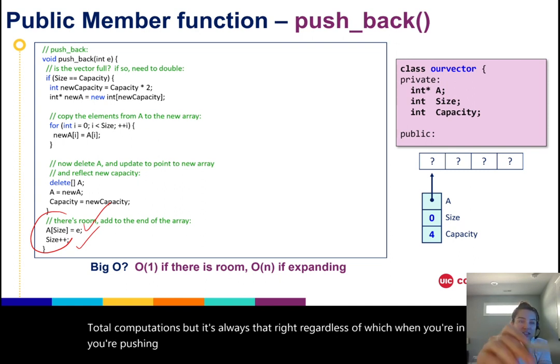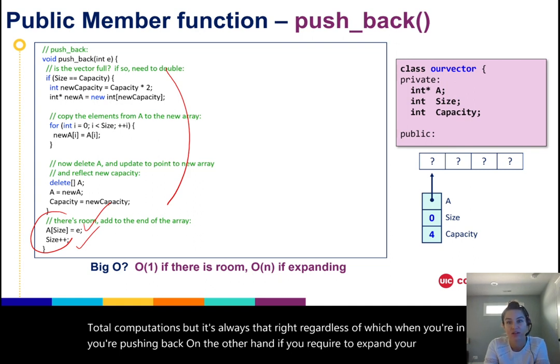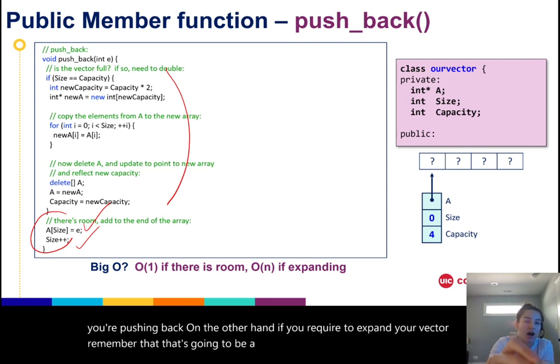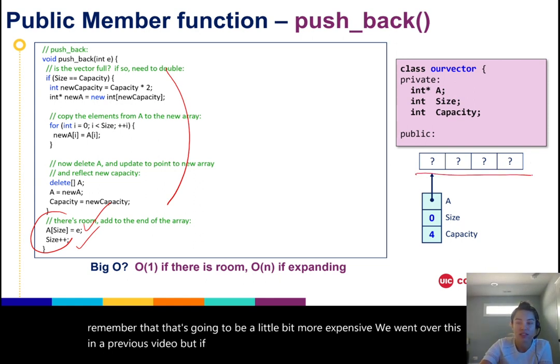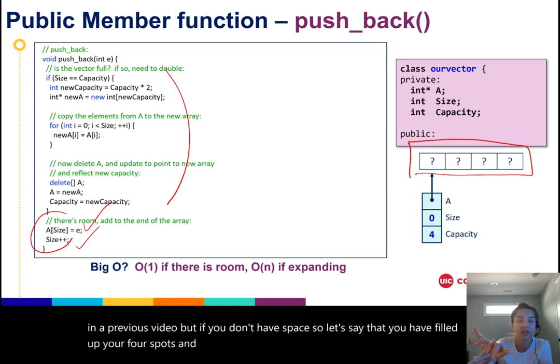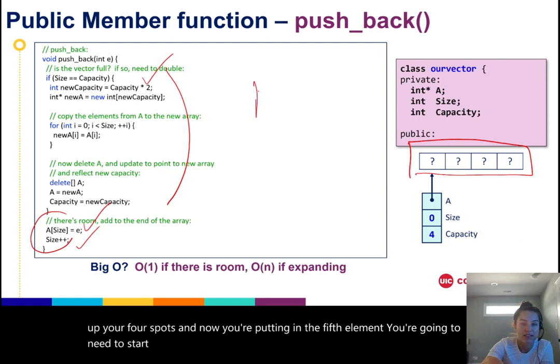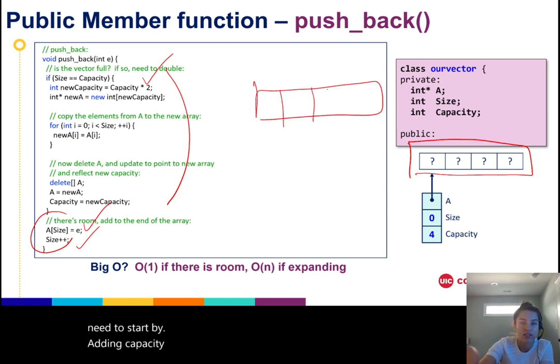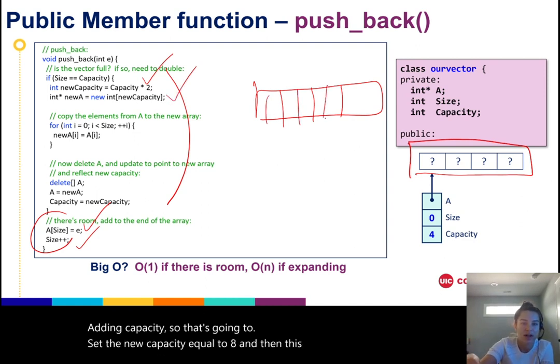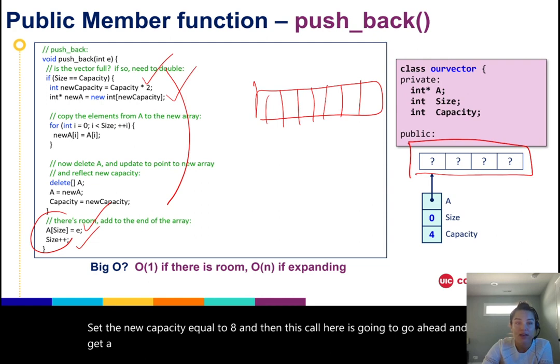On the other hand, if you need to expand your vector, that's going to be a little bit more expensive. We went over this in a previous video, but let's say you have filled up your 4 spots and now you're putting in the 5th element. You're going to need to start by adding capacity. That's going to set the new capacity equal to 8, and then this call here is going to get a C array that's 8 big.